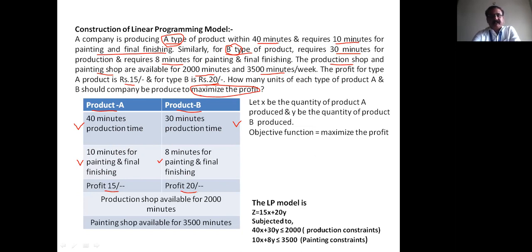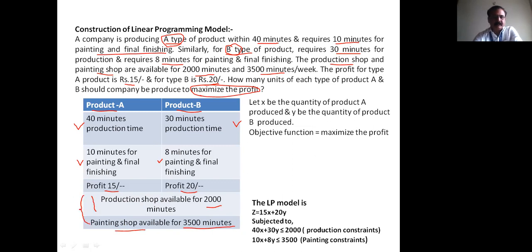And the constraint is now important: the production shop is available for 2000 minutes per week, and the painting shop is available for 3,500 minutes per week. These are the constraints.